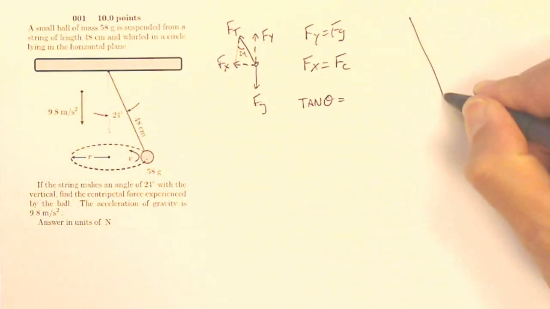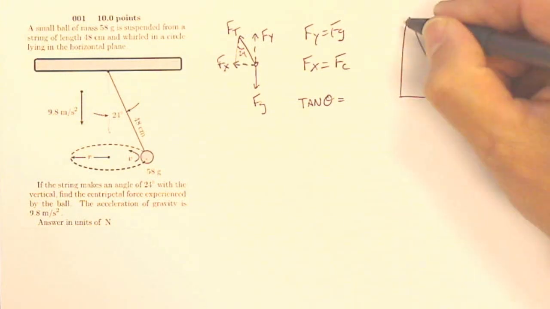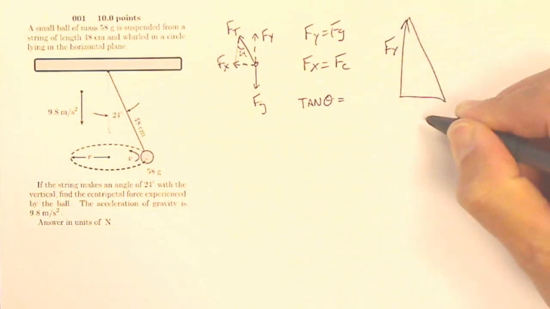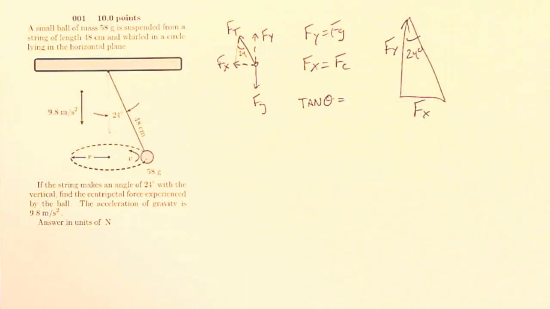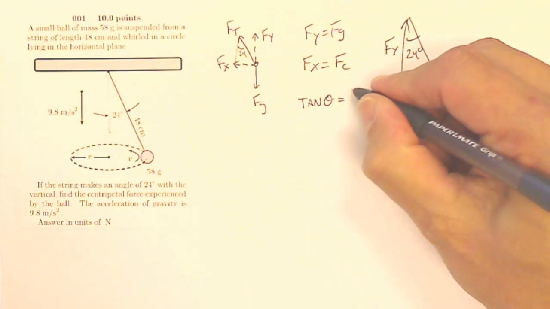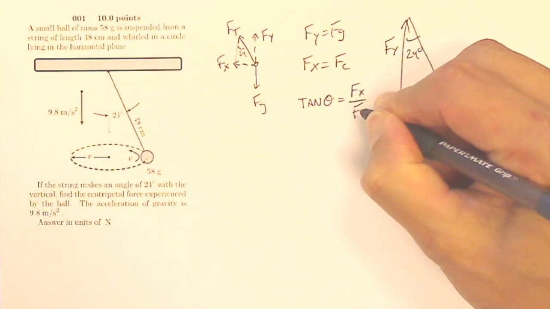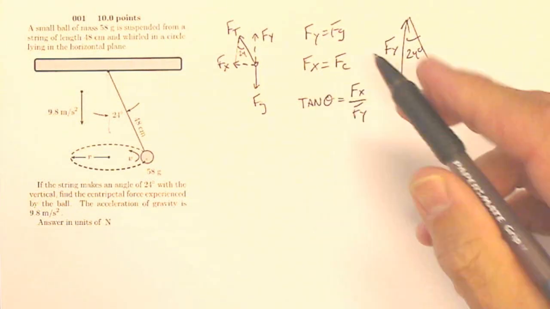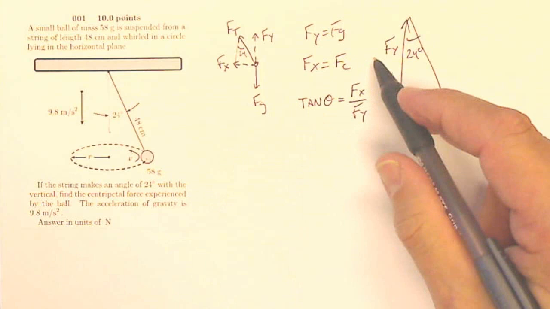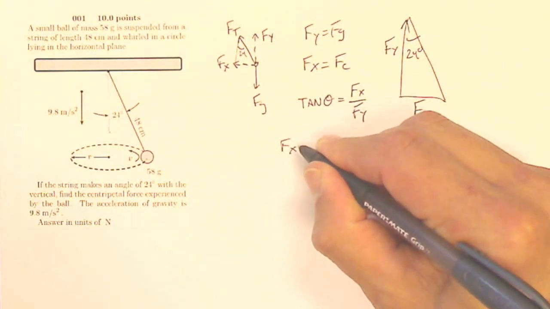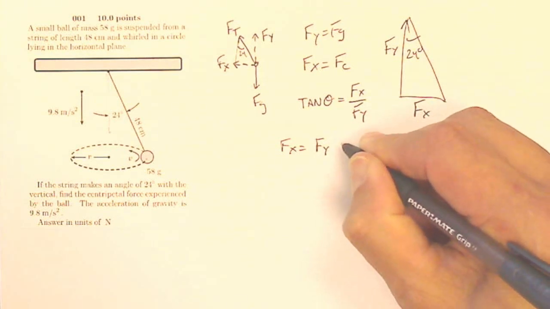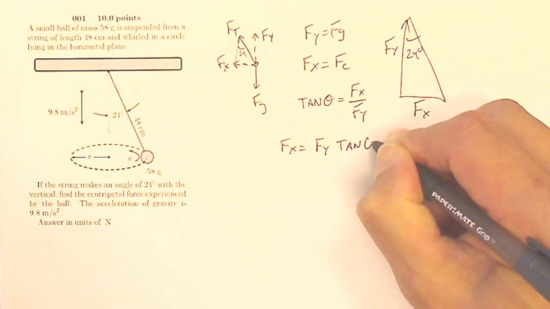If we drew that bigger, we would get Fy this way, Fx this way, and this is 24 degrees. So the tangent of the angle is Fx over Fy. But Fx is Fc, and I'm looking for the centripetal force, so I multiply by Fy, and I get Fx equals Fy times the tangent of theta.